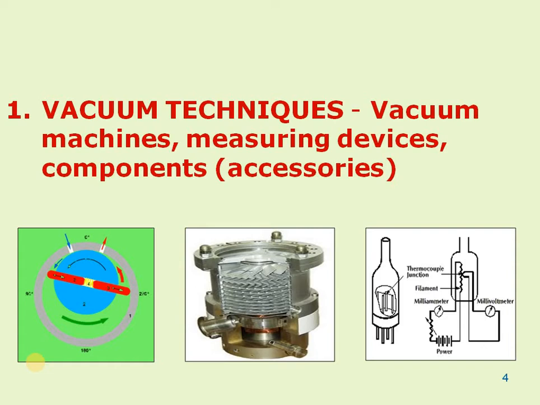So we have to study them separately, and we also have to study measuring devices. Once we produce vacuum, we should be able to measure it. So measurement is another area of vacuum techniques. Measurement itself is a technology. Production is one side of vacuum technique, and measurement is another side.